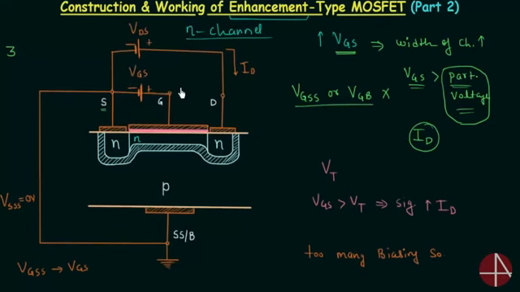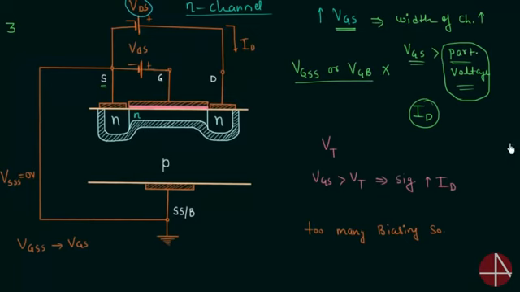Now let's try to find out voltage VGD. We want to find out the effect of voltage VDS, this voltage here, on the depletion layer. I will repeat this again. We want to find out the effect of voltage VDS on the depletion layer, and for this purpose we need to find out voltage VGD. So let's use Kirchhoff's voltage law to find out voltage VGD. Potential at this point is equal to VG. Potential at this point is equal to VD. I will start from VG, follow this path and end at VD.